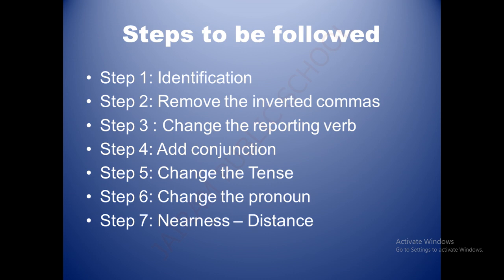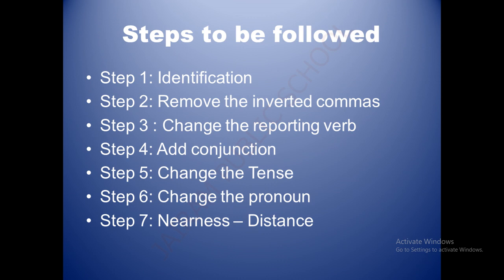Already I said that simple present in direct must be transformed into simple past in indirect speech. Step 6, change the pronoun. According to masculine and feminine, you need to go with the pronoun. Step 7, if it is necessary in a sentence, nearness will become distance words.